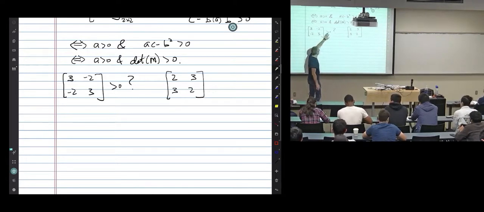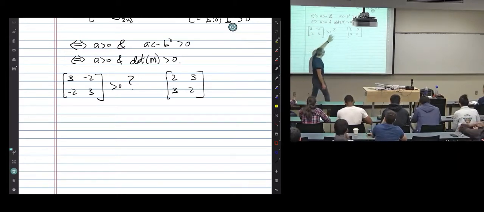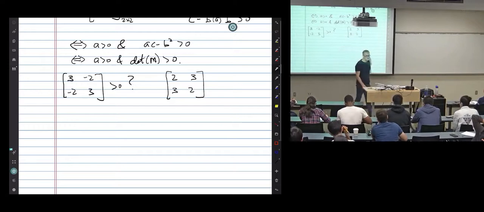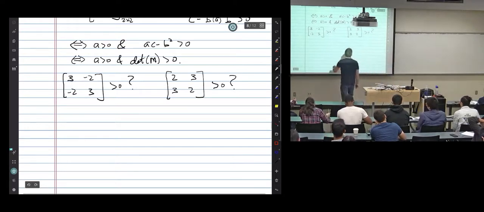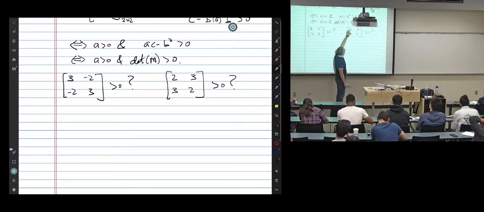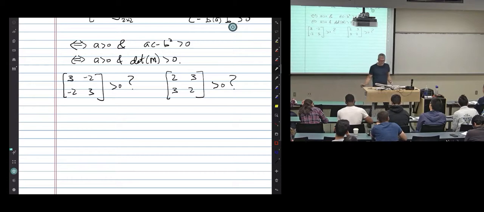This is just to emphasize that greater than 0 has nothing to do with the entries being positive or negative, okay? So here I'm making them all positive. And you go 2 is positive, 4 minus 9 is negative. This is not positive definite, right? Not positive definite.